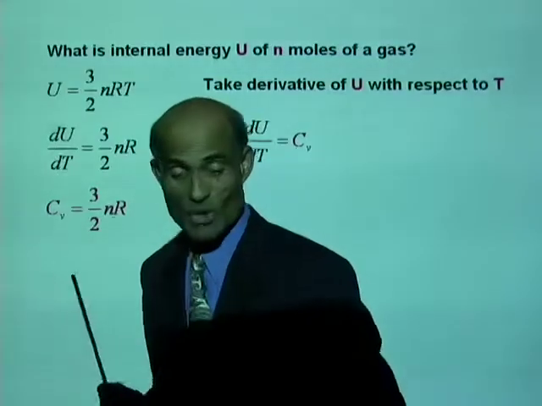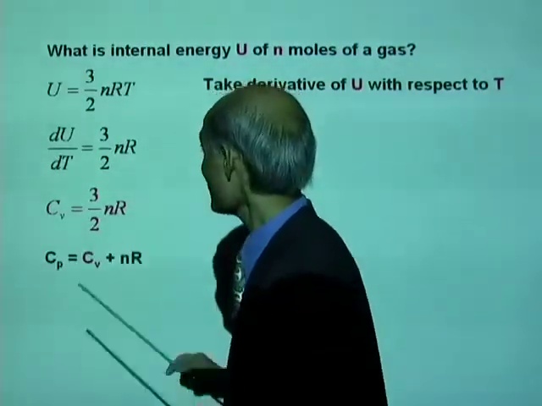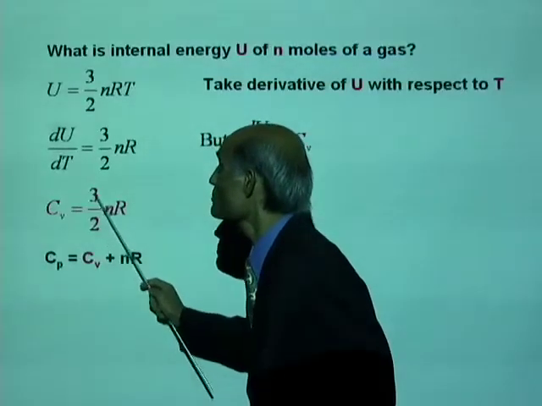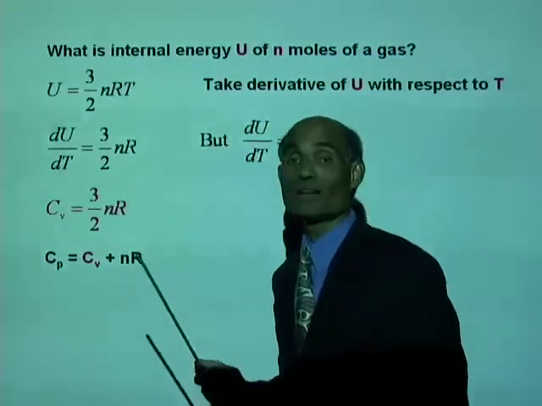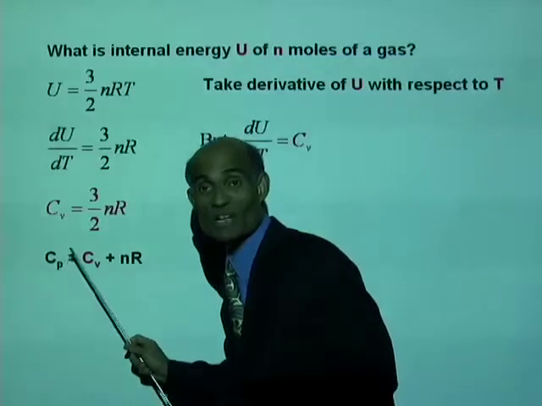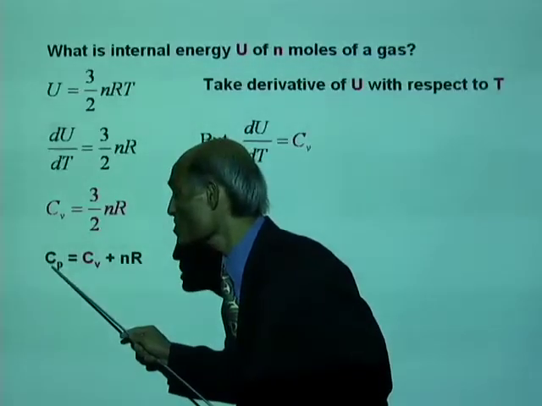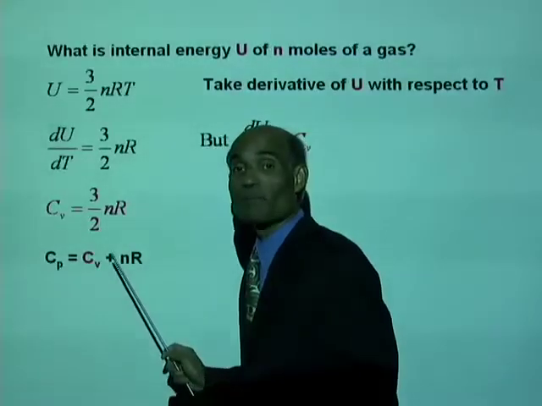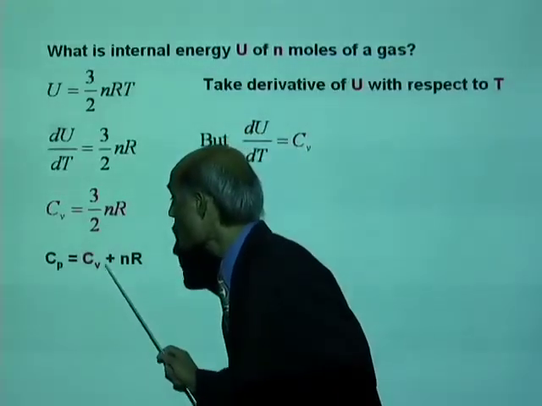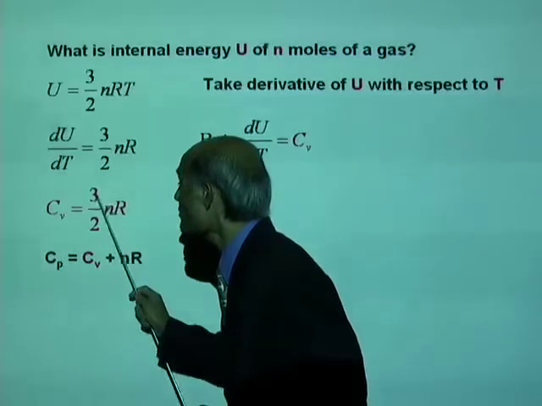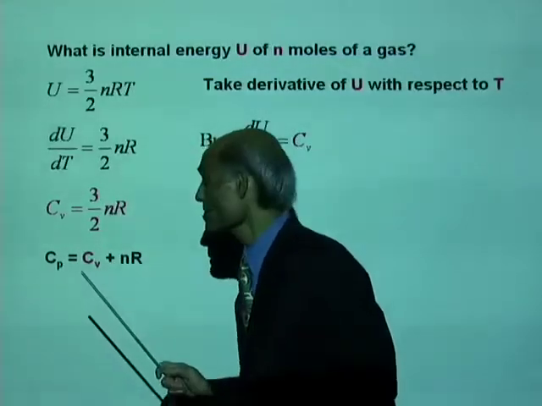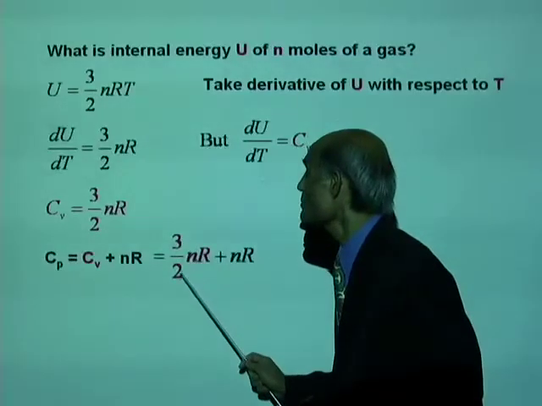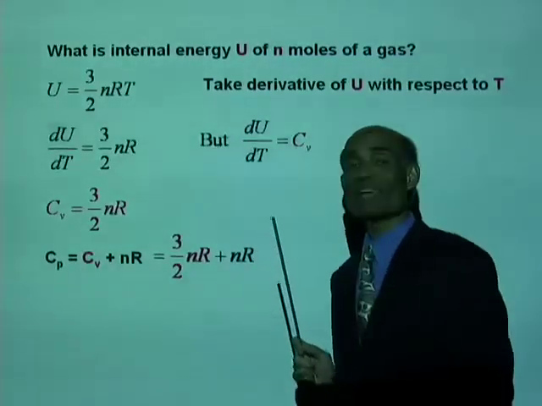Alright, let's go and have a look at this. So, we got Cv equal to 3/2 nR, and you remember in the last slide we had this relation, Cp equals Cv plus nR. If I now replace this Cv by 3/2 nR, I get Cp equals 3/2 nR plus nR.